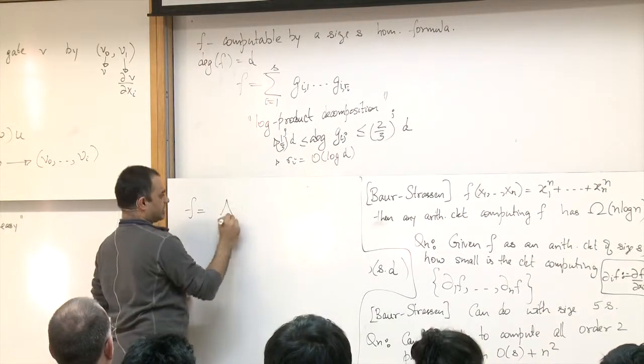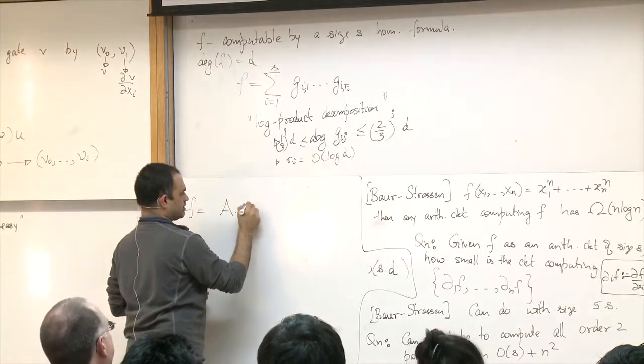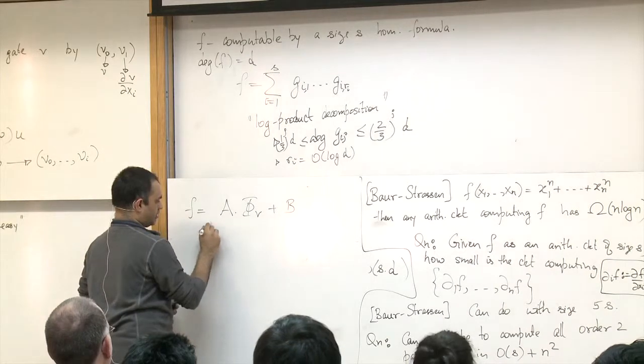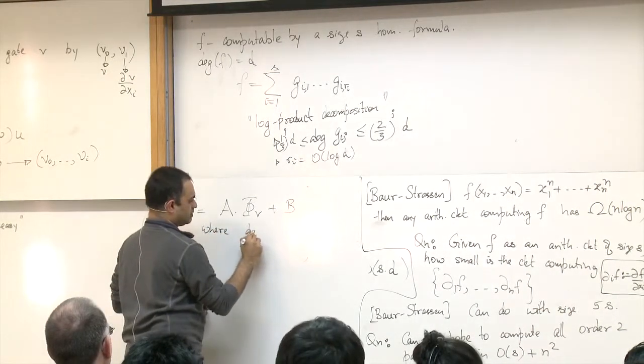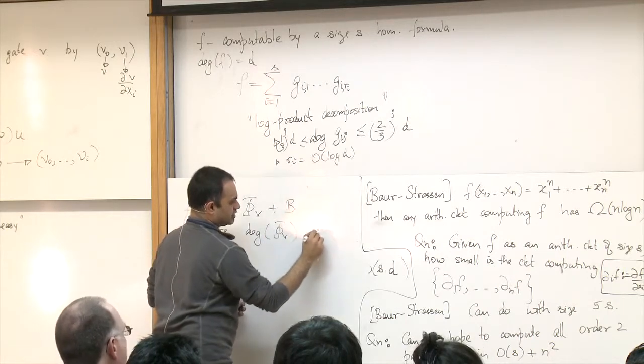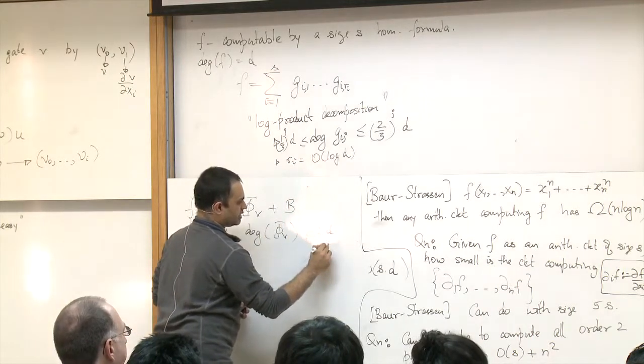So we'll again write it as f equals a times phi_v plus b, where the degree of phi_v is between d by 3 and 2d by 3.